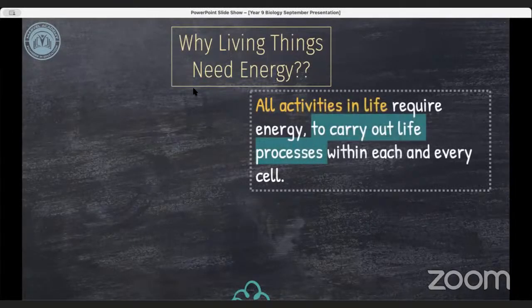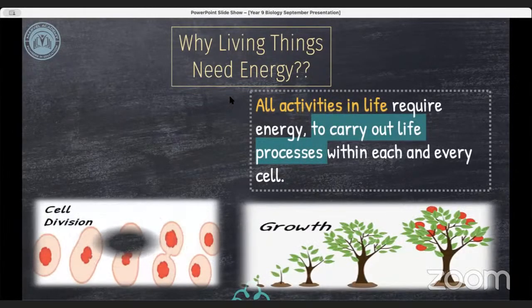Right, children, now let's go to the next part of the lesson. Why do living things need energy? All activities in life require energy to carry out life processes within each and every cell. You can see this showing cell division.